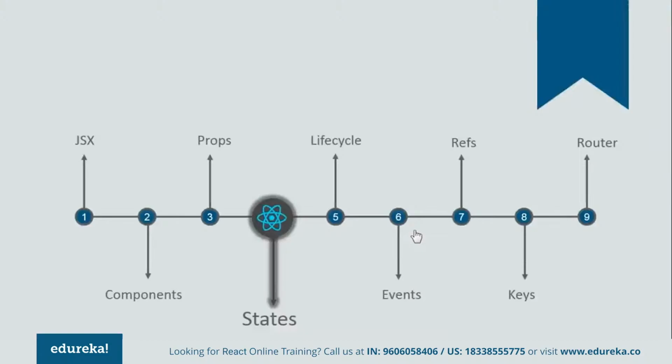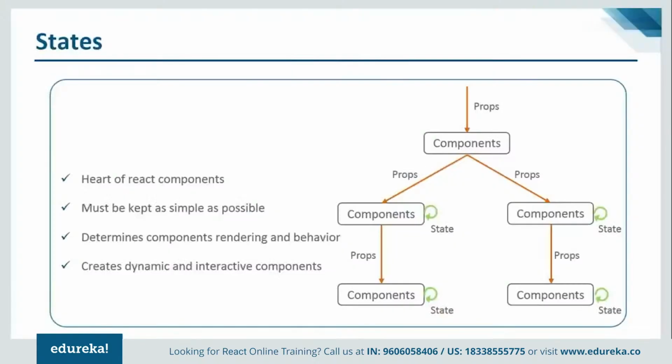Let's now move to our next topic, that is states. So what is a state and how can state be assigned? Here in React, the states are the heart, or we can say the core of React components. Though most of the components simply take in props and render them, they can also provide states. These states are used to store information or data about the components, which can change over time because of user or system events.